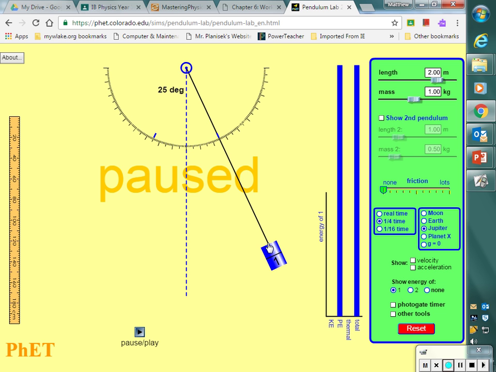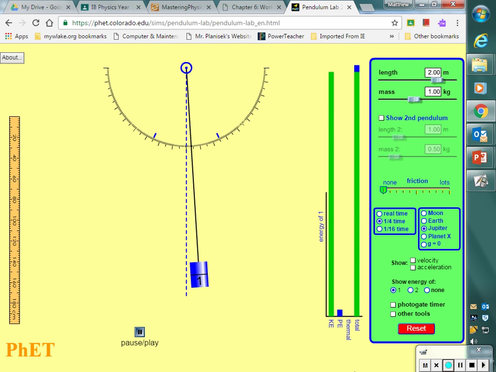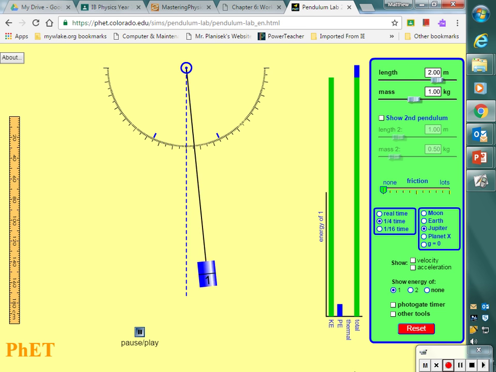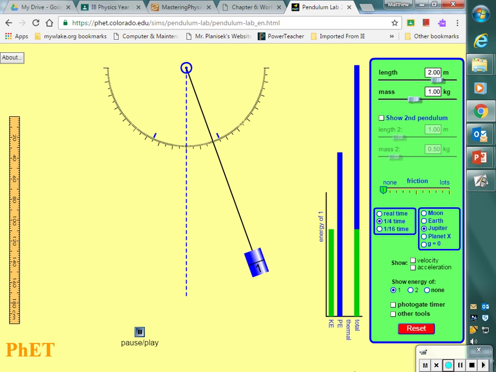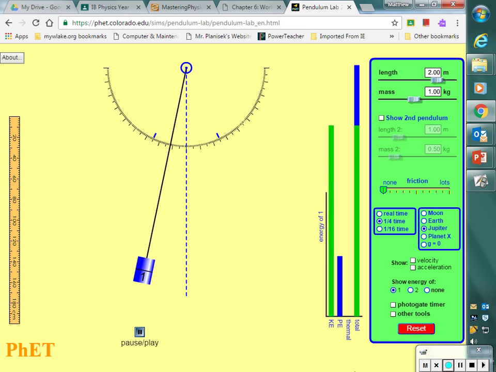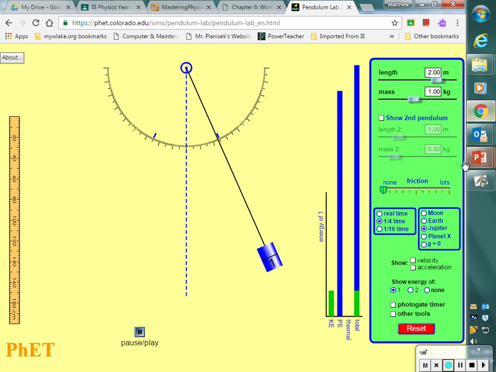Okay. But with no friction, right? Okay. There it goes. Same thing as before, okay? As far as, here, let's talk about some speed and see what happens here.